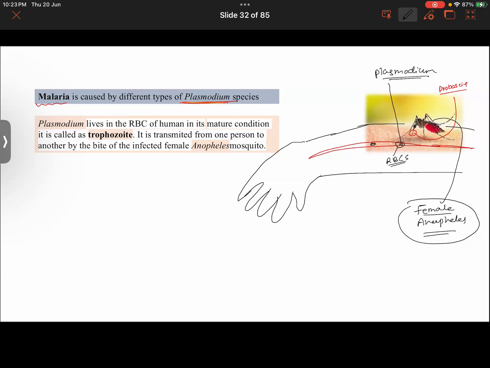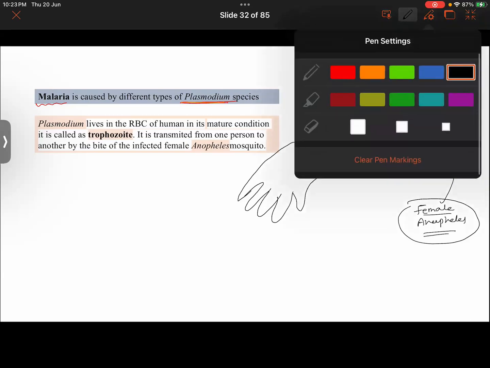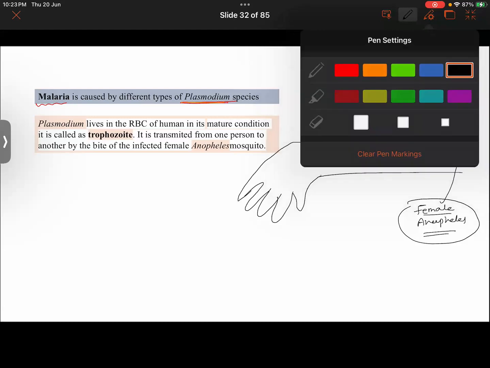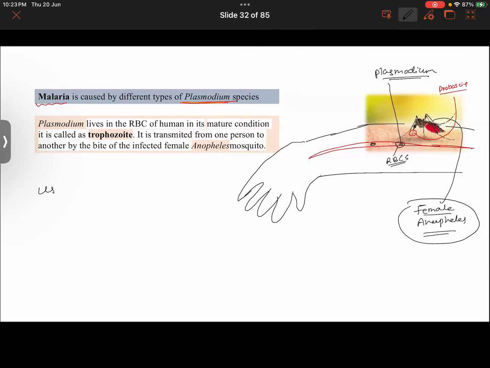Furthermore, can there be uses of protozoa? An interesting question. Can there be any use of protozoa? So yes, there are some uses of protozoa. Uses of protozoans are as follows.